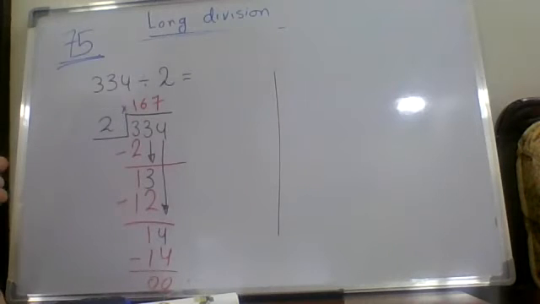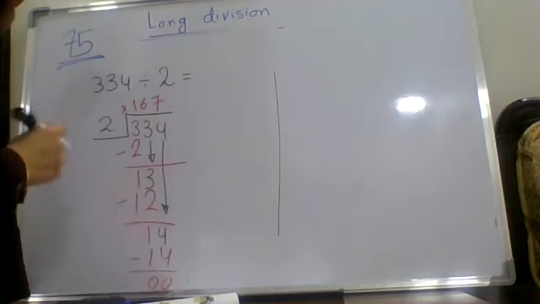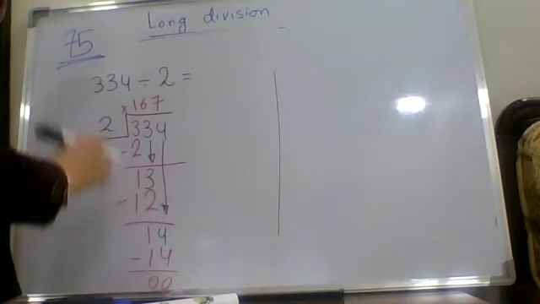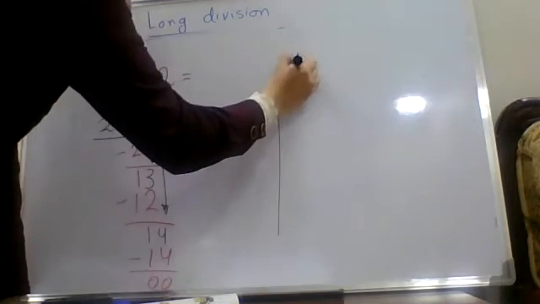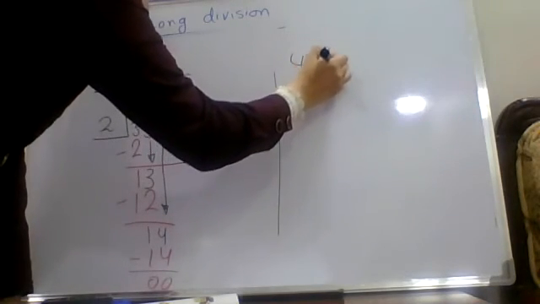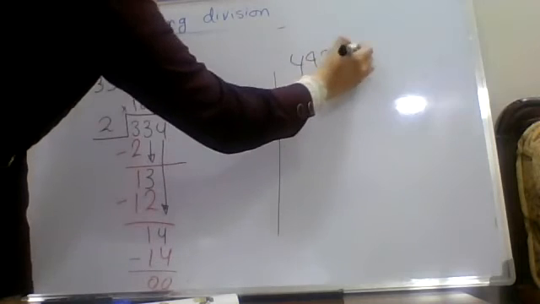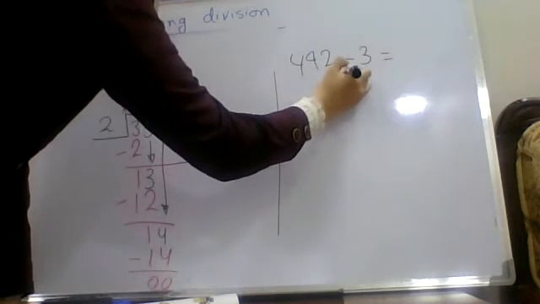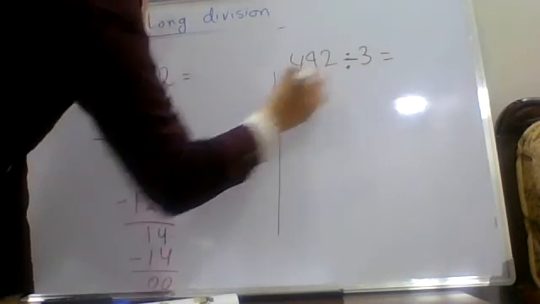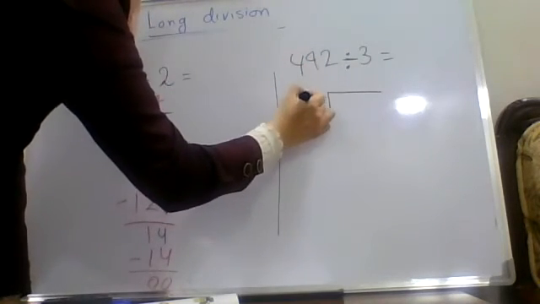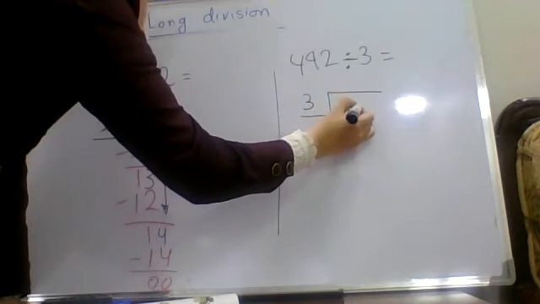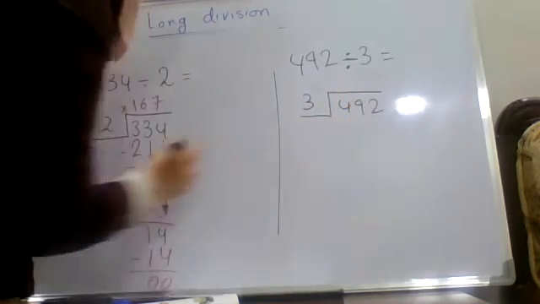Okay, I will do page 79, which is 492 divided by 3, okay? Okay, it's a long division because it's a very big number. We write 3 here and 4, 9, and 2, okay?